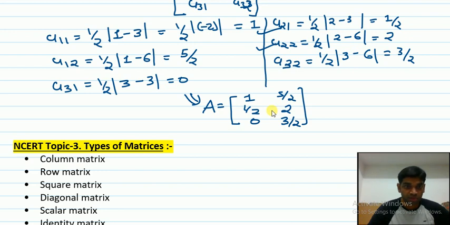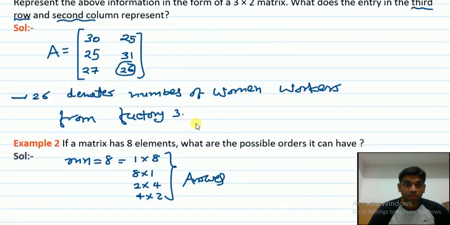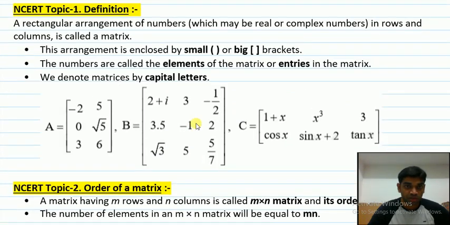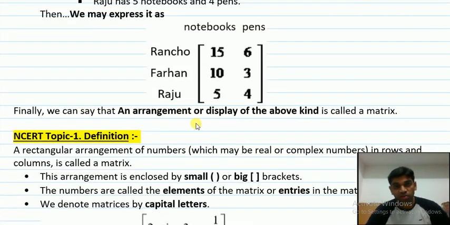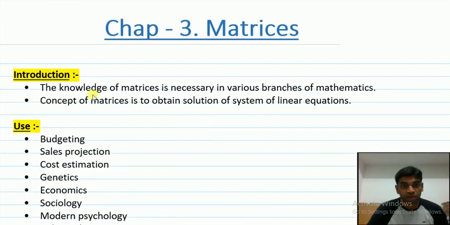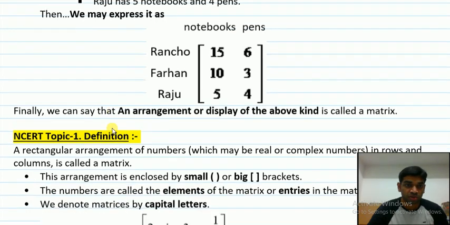I think that's it. Tomorrow we'll start with the next topic, that is types of matrices. And before I complete my lecture, I just want to say which things you can write in your notebook. From the starting you can see introduction, uses, and how it works. You don't need to write all this.